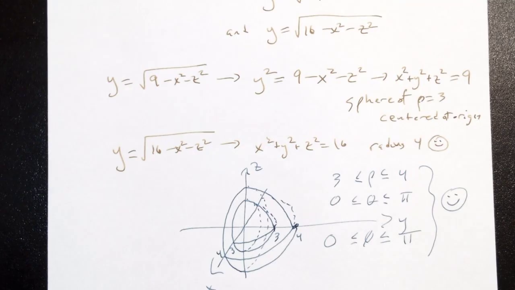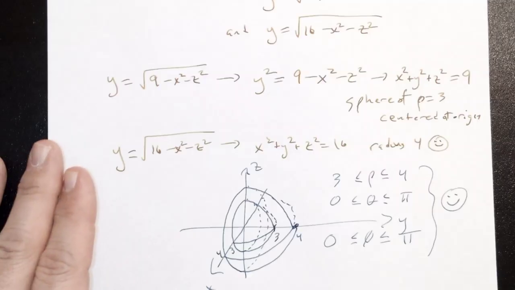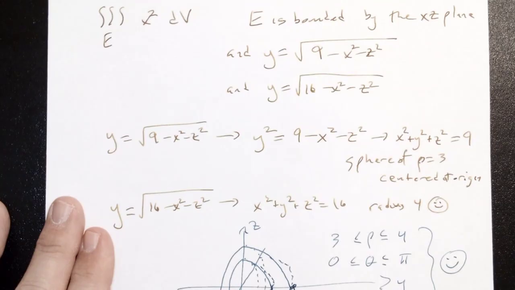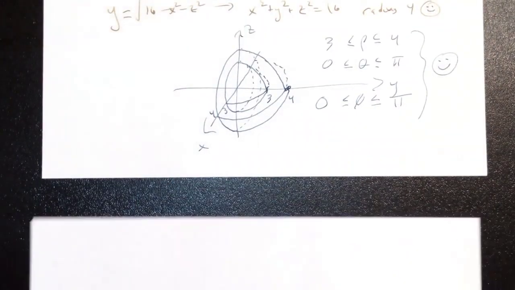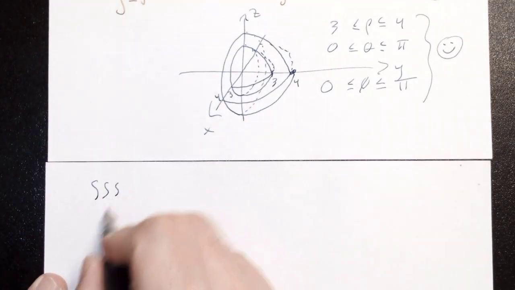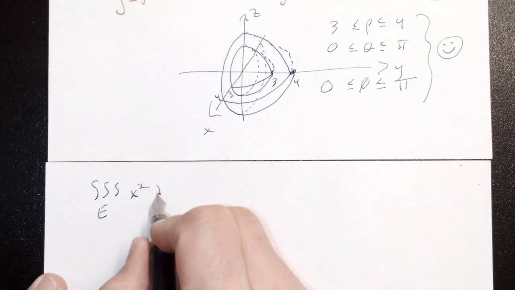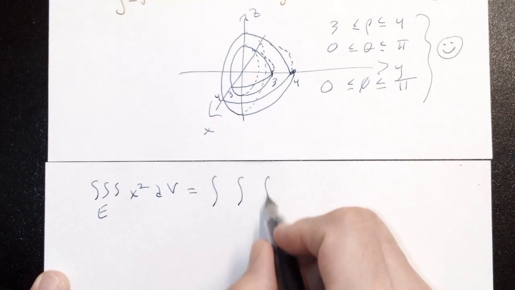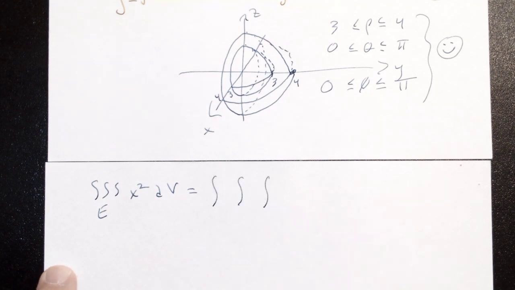You ready for the best part? We were doing this integral, the integral of x squared dV, right? Now, this time I'm going to wait to write the limits.